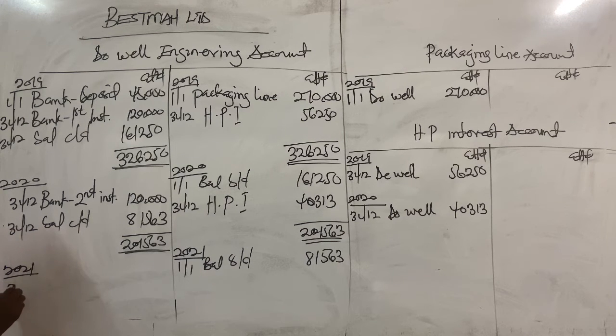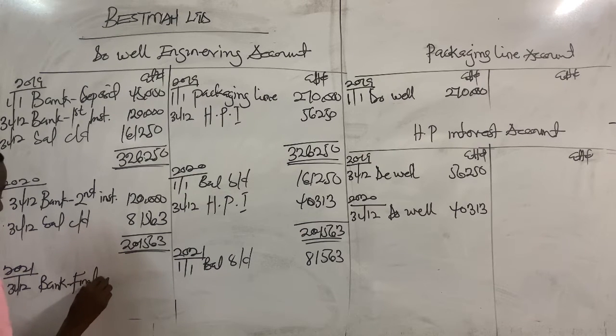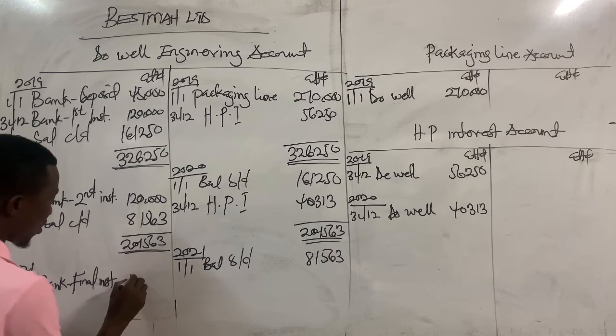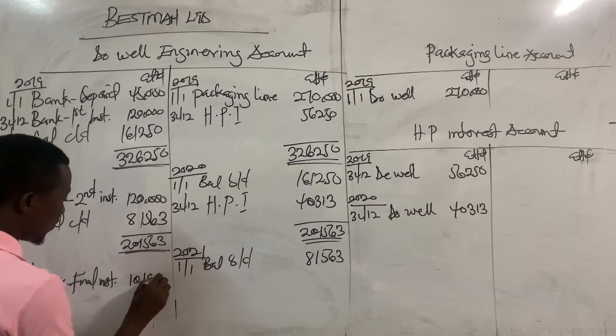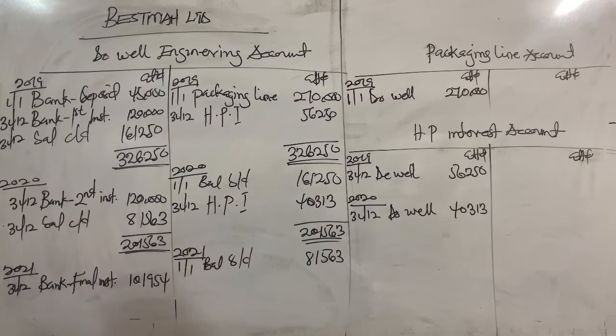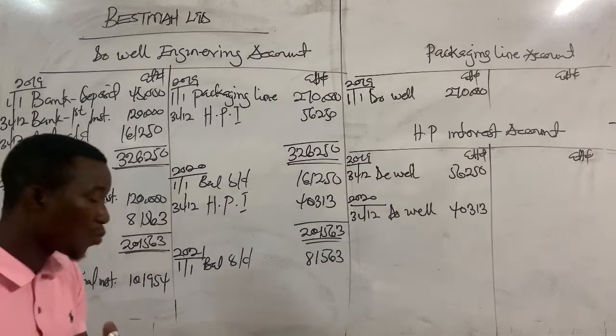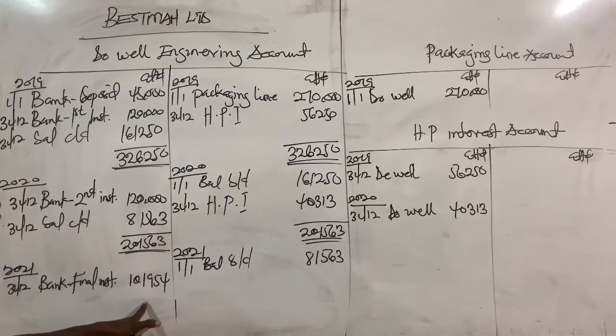Payment has been made at the close of the period, so it is through bank, but this time a final installment. Very good. And the amount involved is 101,954. Is that clear?